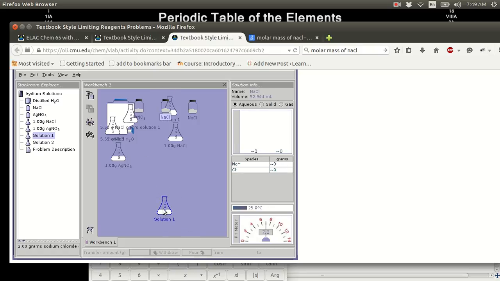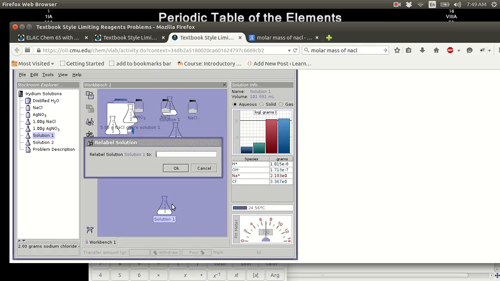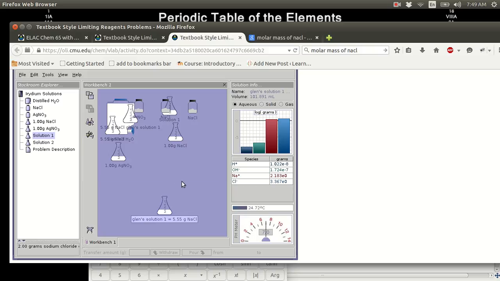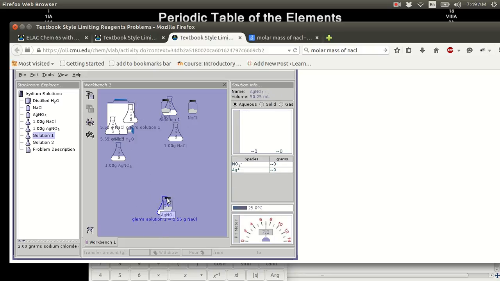And I want to make this into Glen's solution 1, which is 5 grams of sodium chloride. Okay, and then the silver nitrate I'll add here.